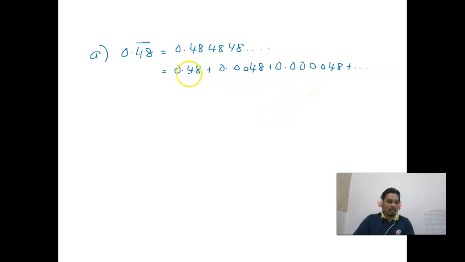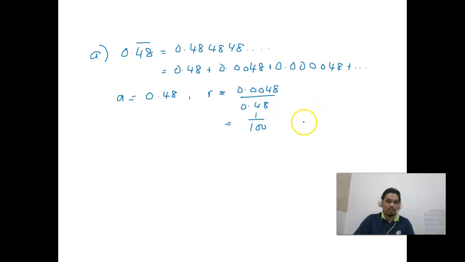Now this is an infinite geometric series with A equal to 0.48 and R equal to 0.0048, the second term, divided by the first term 0.48, and this gives you 1 over 100.